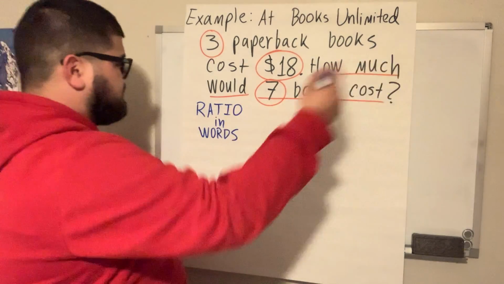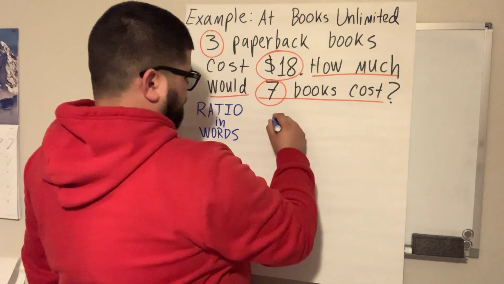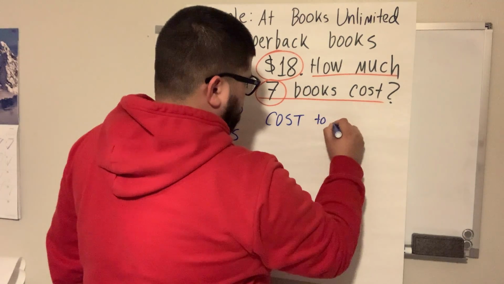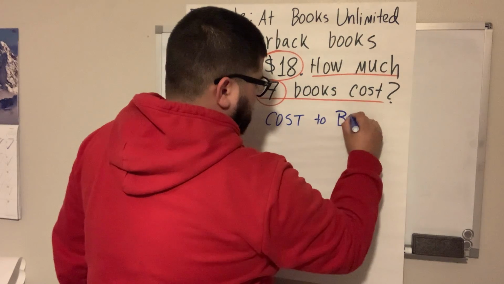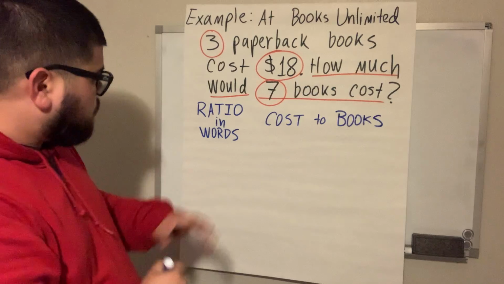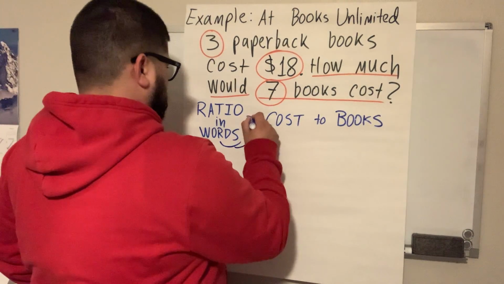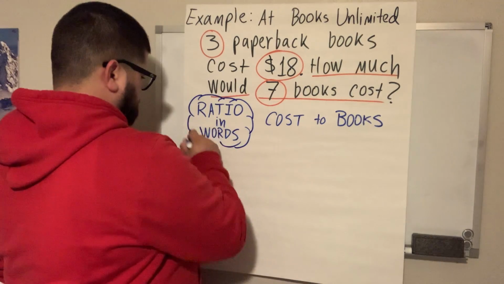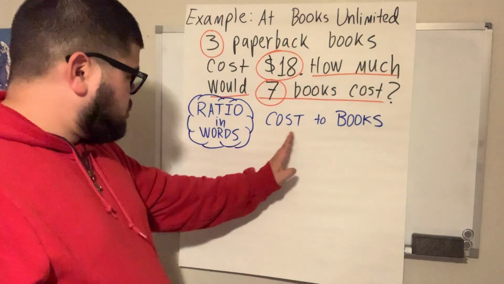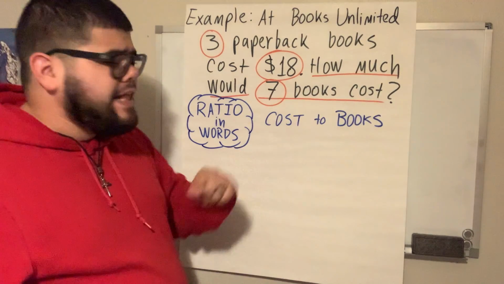So this is the ratio in words right here: cost to books. That is our ratio in words. And then we can even rewrite that.